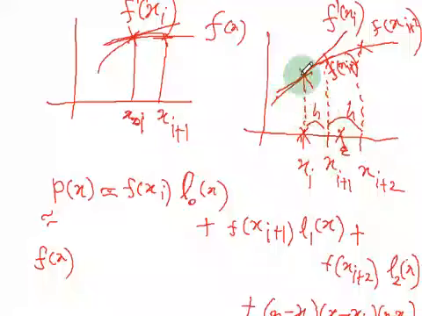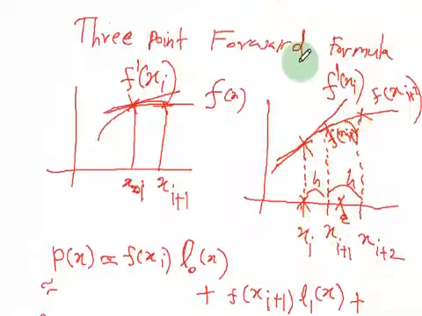So you find an approximation to this using 3 points, 3 points in front with this one, right? Using 2 points in front. So this is called the 3-point forward formula, right?